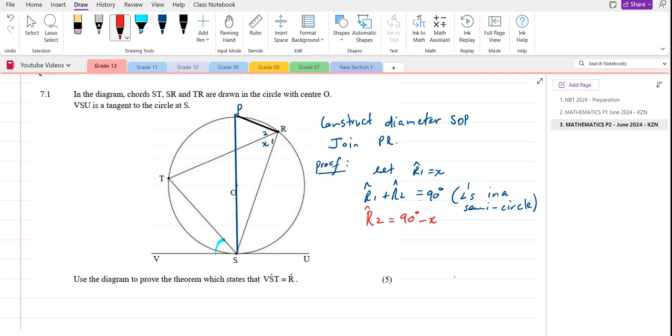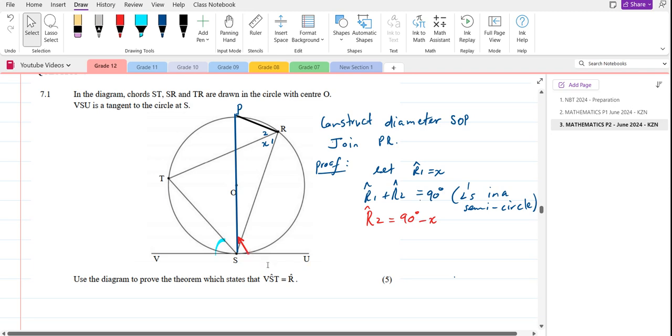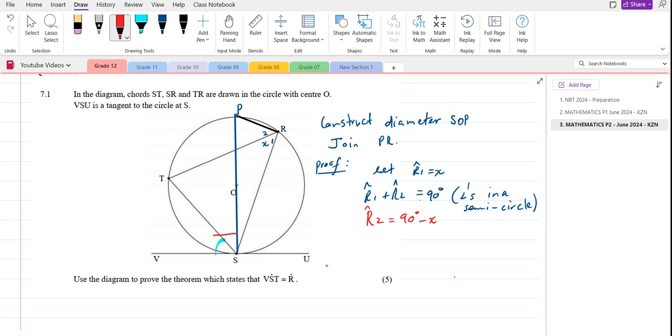Now, same story here. Actually, we should be working on this side. Look at the tangent. We have a tangent here, trying to draw 90 degrees here.